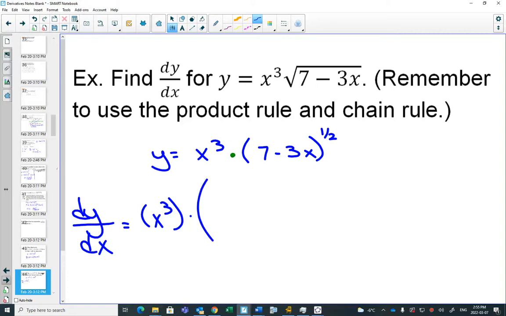So I have to say to myself, okay, I was doing my product rule, but now when I do the derivative of the second one, I have to do a chain rule. What's my chain rule? Do the derivative of the outside function, keep the inside function the same, minus 1 for my exponent, then multiply by the derivative of my inside function.